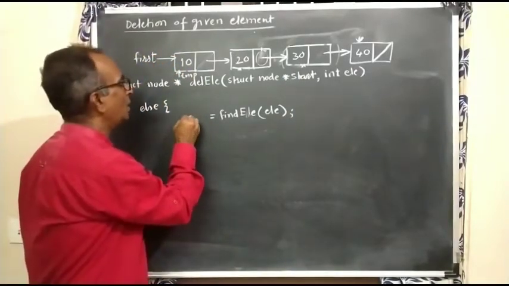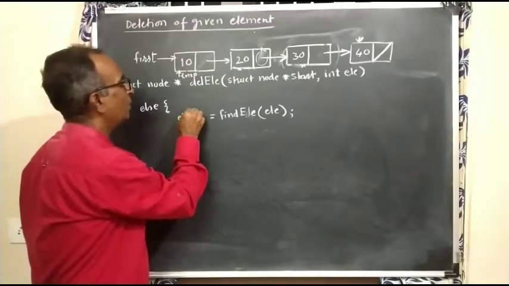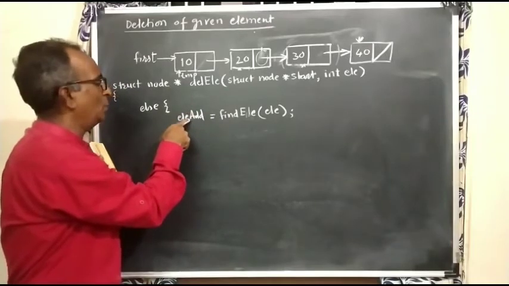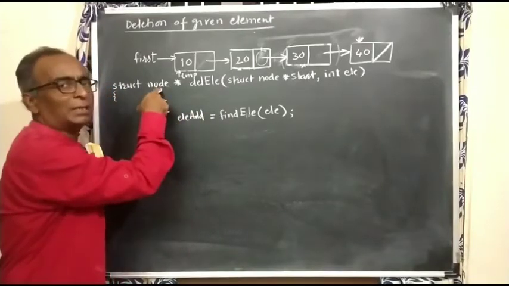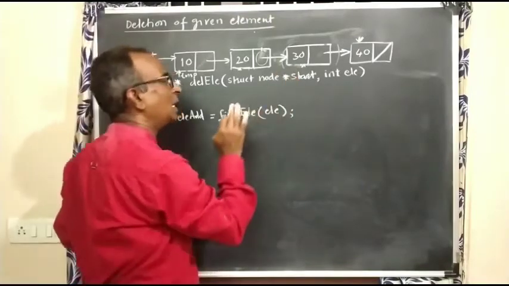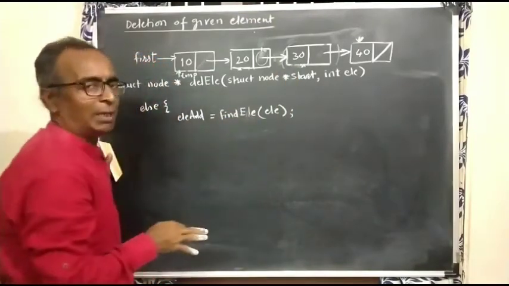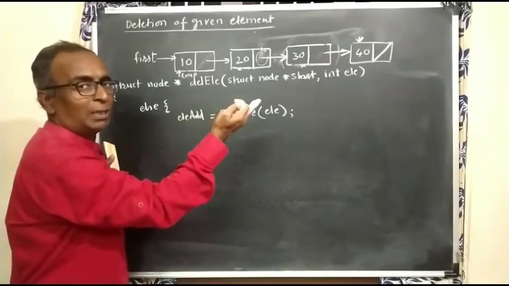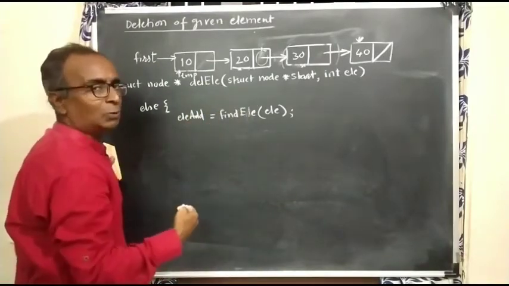So I'll take element address. You have to give all these declarations: struct node star element address. So I am getting the element's address by this find element. Why are we finding the element? Sometimes the element may not be there, so you can check that condition also.